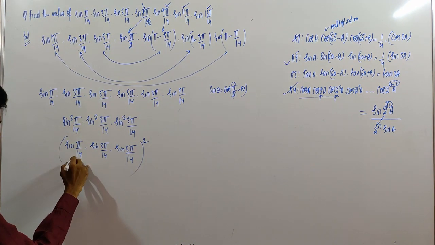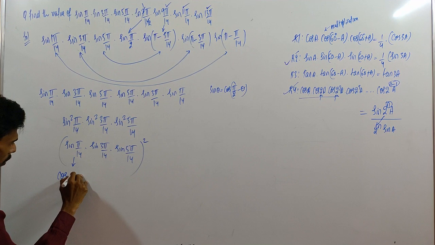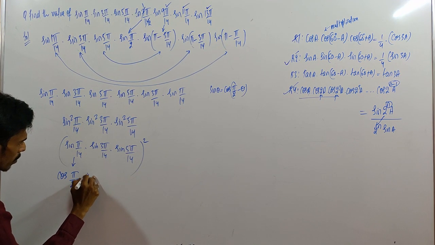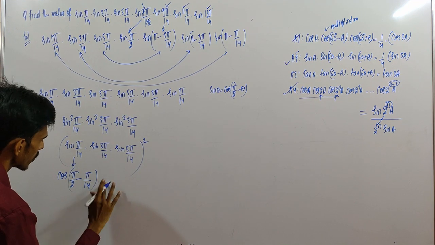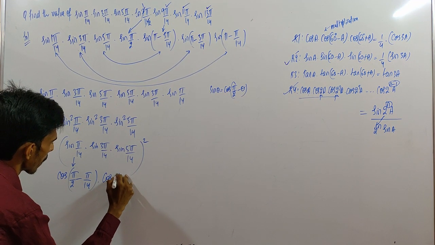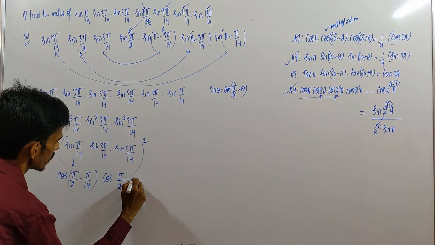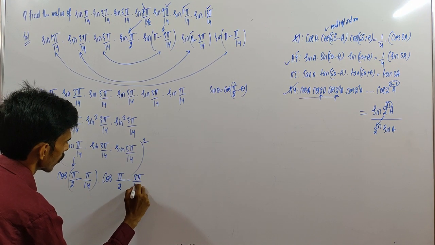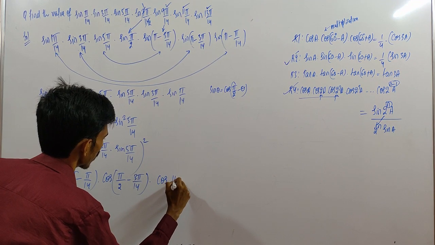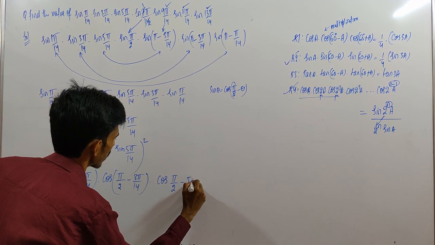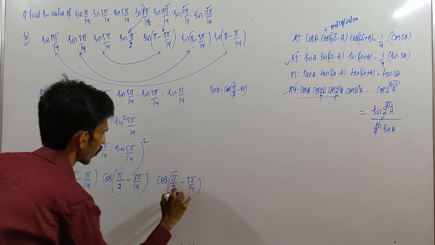So apply here, it will become cos of pi by 2 minus pi by 14 into cos of pi by 2 minus 3 pi by 14 into cos of pi by 2 minus 5 pi by 14.